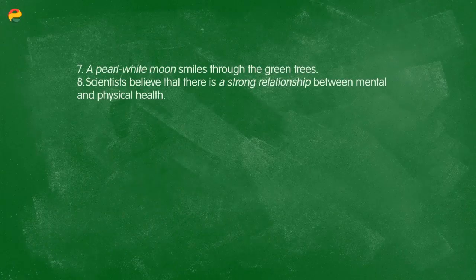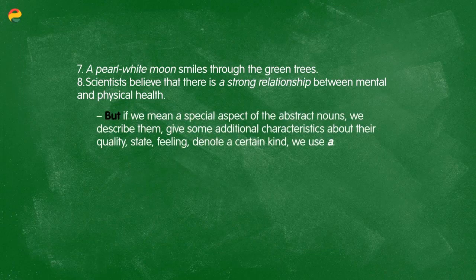But we should also note that if we are talking about special aspects of abstract nouns, if we're describing qualities about them, what they look like, feel like, anything like that, we should use a instead of the. Just like in the examples, a pearl white moon smiles through the green trees.